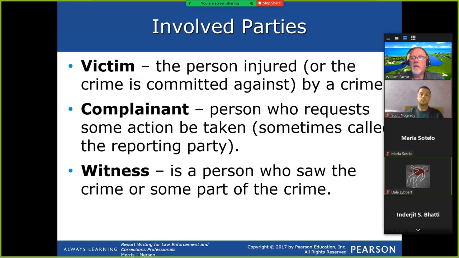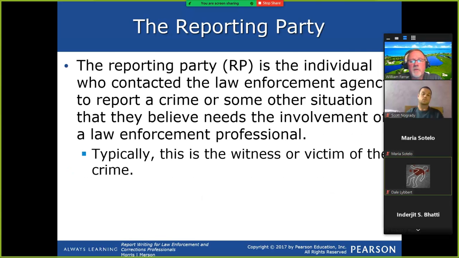They don't necessarily have to see the entire thing, but they might have seen part of it. They may have seen a person running out of the store. They may have seen a person getting into a vehicle and speeding away. So they didn't actually witness the whole thing, but maybe they witnessed part of it. And all of those things are really, really important. So don't discount your witnesses.